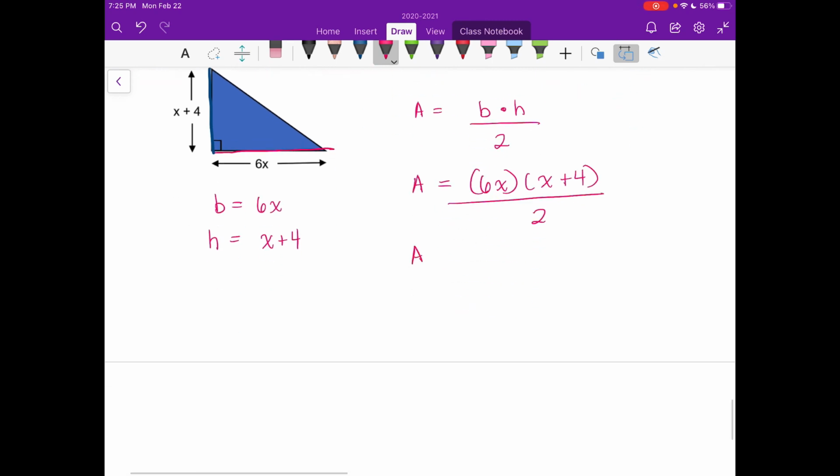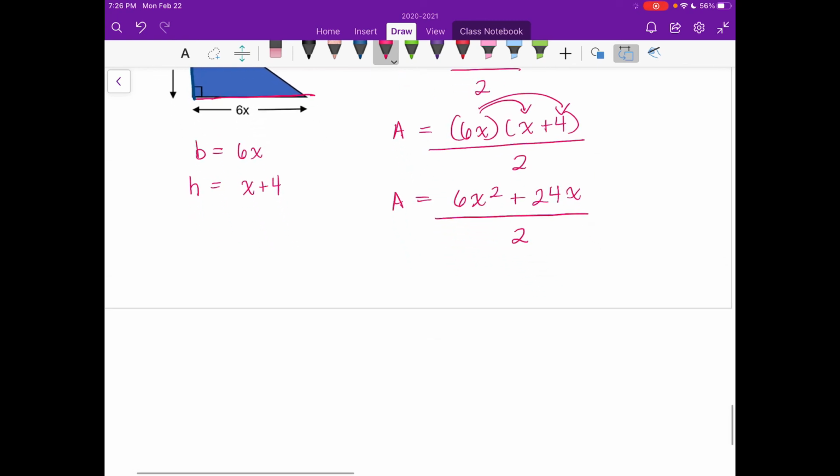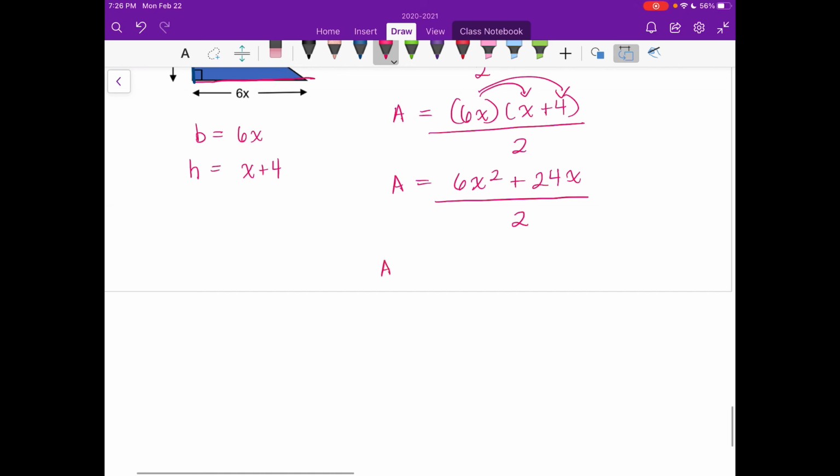Up here, let's do our distribution. 6x times x is going to be 6x squared. 6x times 4 is going to be plus 24x, just 6 times 4, and then the x is by itself, divided by 2, right? And I can just break this down so that I can simplify it. So it's 6x squared divided by 2 plus 24x divided by 2, right?